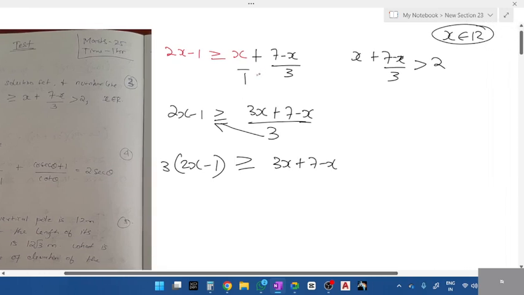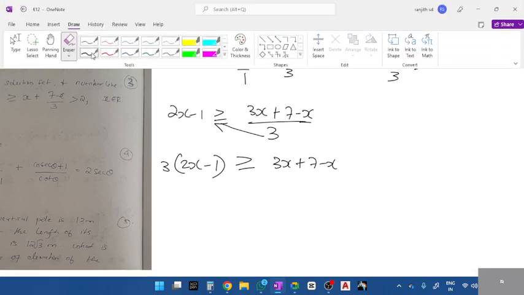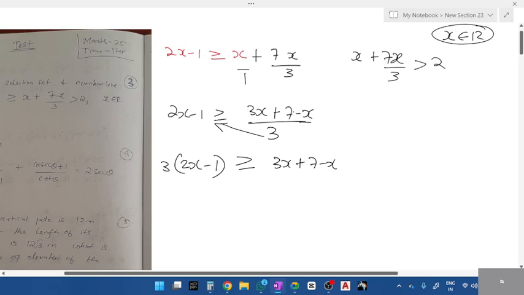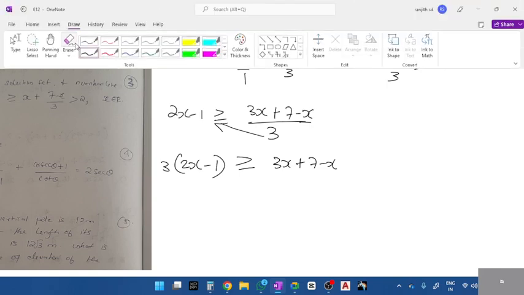Oh, sorry, it is 7x, right? That is what you asked Mariana that day, 7x. Fine, it has to be 7x by 3. Fine, fine, 7x. What did others copy?